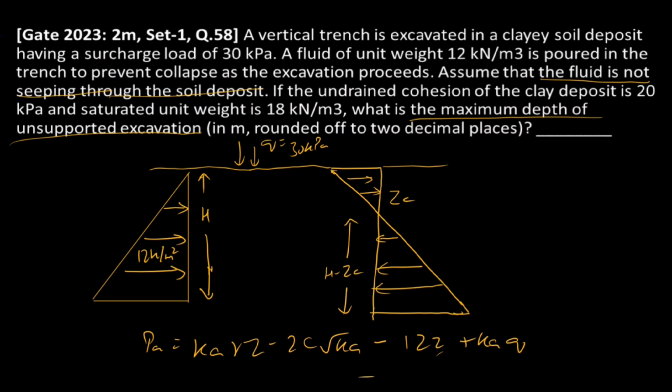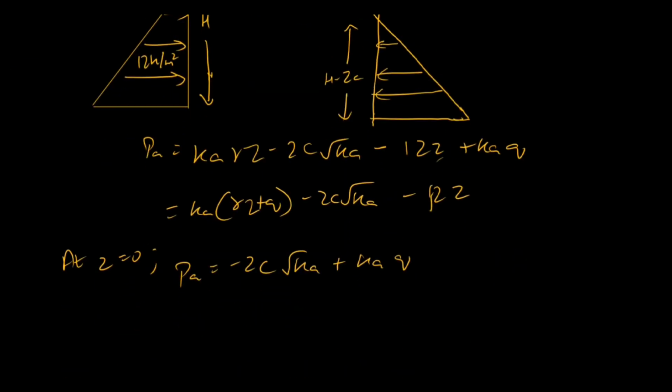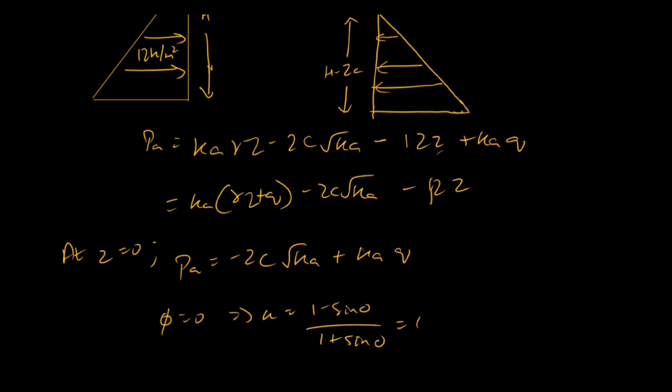What they have given is the angle of internal friction as 0, since it is a clay. Therefore, Ka will be equal to 1 minus sine 0 divided by 1 plus sine 0, which is 1.